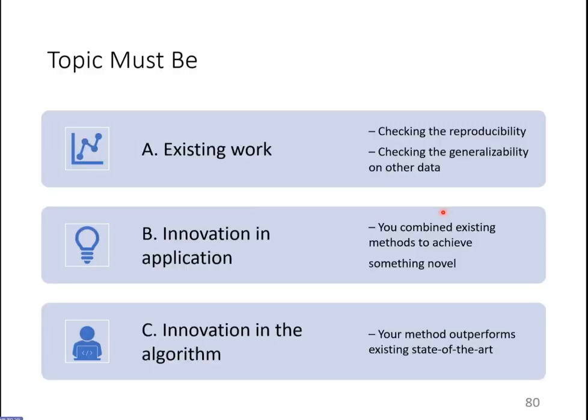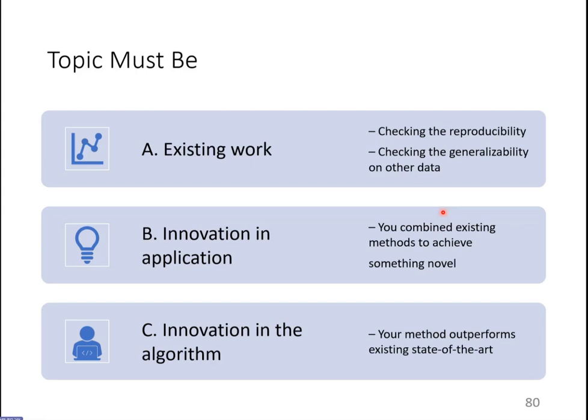However, because this is research, the topic must be appropriate. If it is an existing work, then you need to check the reproducibility, or check the generalizability on other data. So it is usually an attempt at doing research.